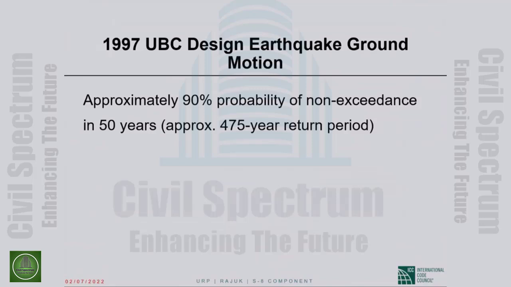this I just said kind of in passing. Okay. So the 1997 Uniform Building Code was the last edition of the UBC. And the UBC tends to be important because, for seismic design, it was the dominant model code in the United States.